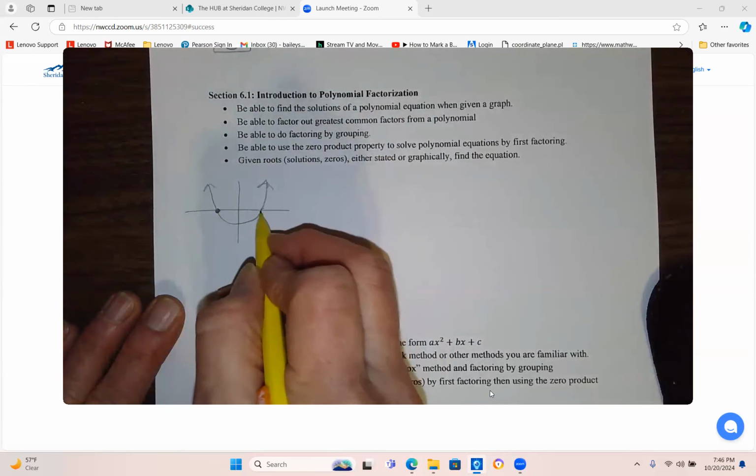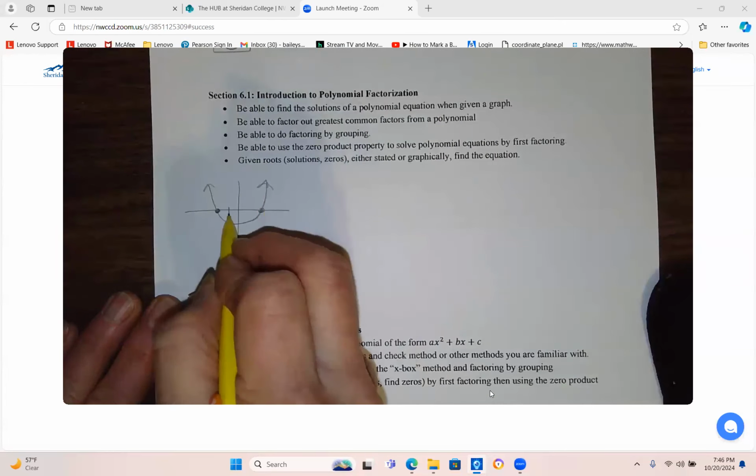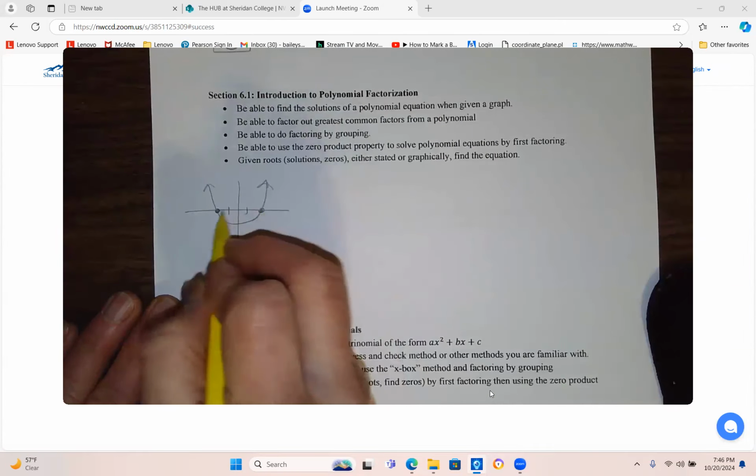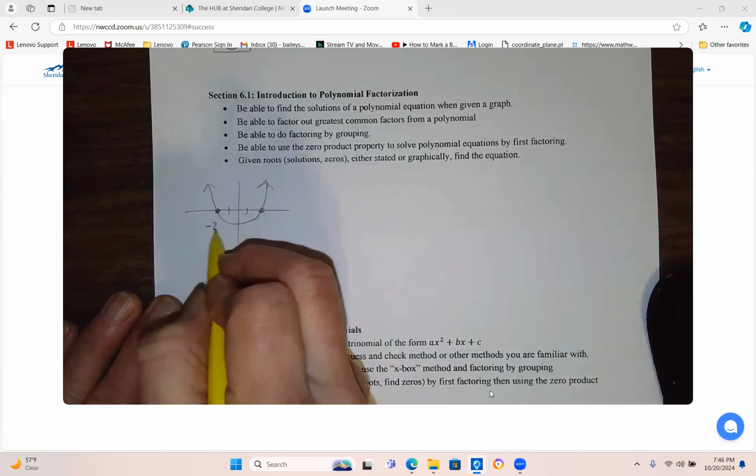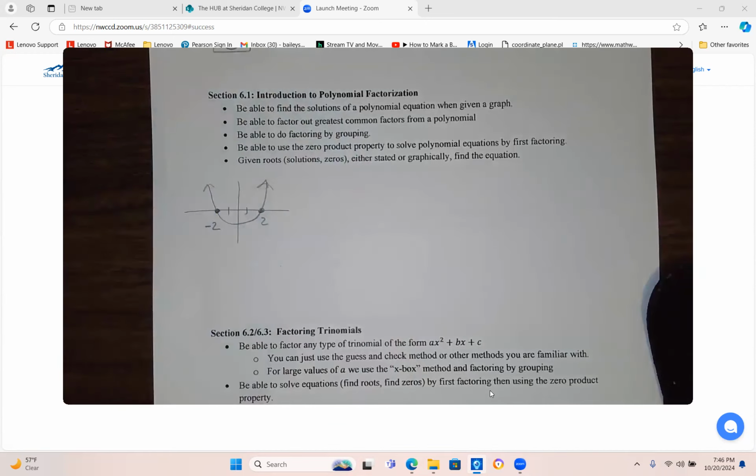The solution, the zeros, the roots are where it crosses the x-axis. So in this case, it would be -2 and 2. Those would be the solutions to the polynomial. If it was set equal to 0, this would be the zeros, the roots, so get used to the terminology that they all mean the same.